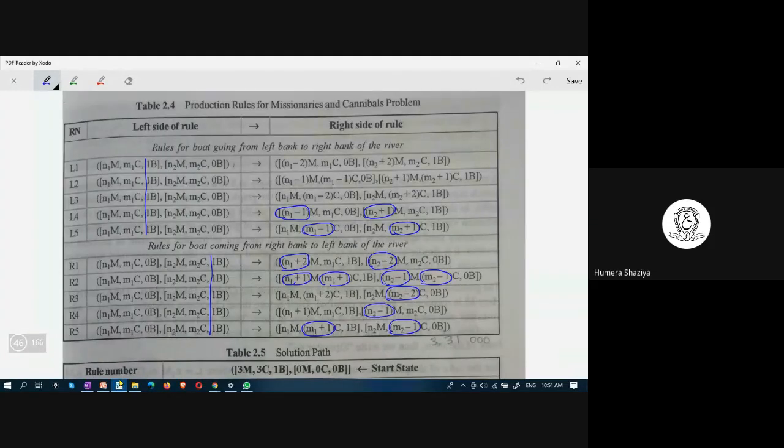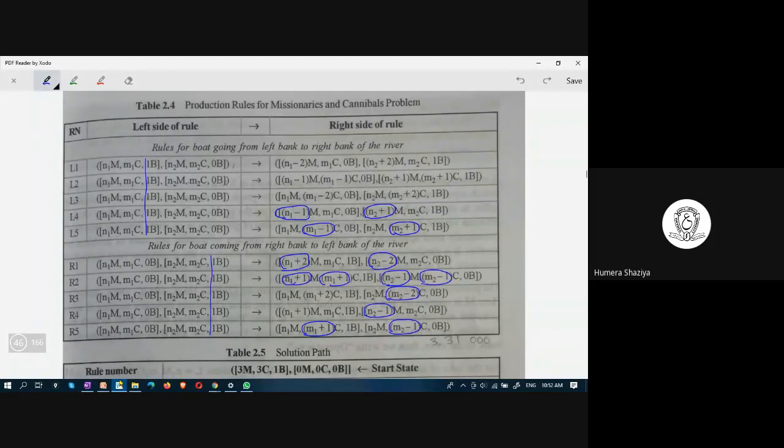Give me a sequence to come to the solution by applying these. Anyone of you, can you tell me?